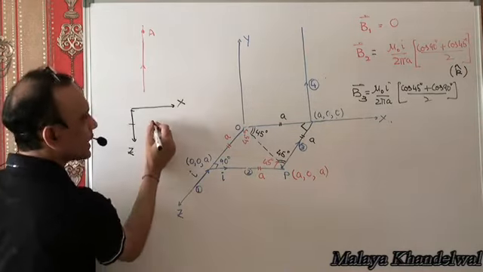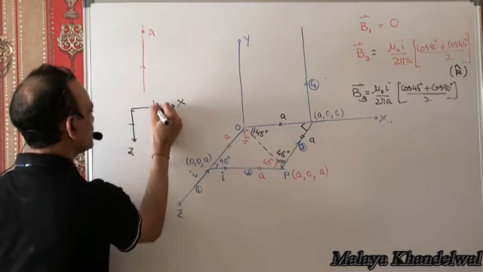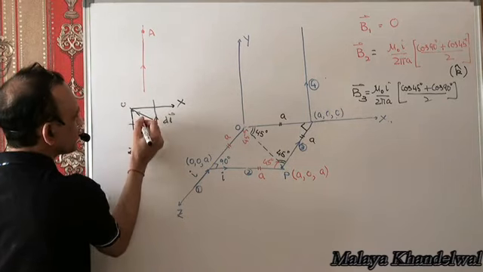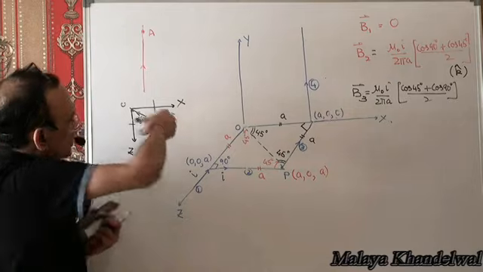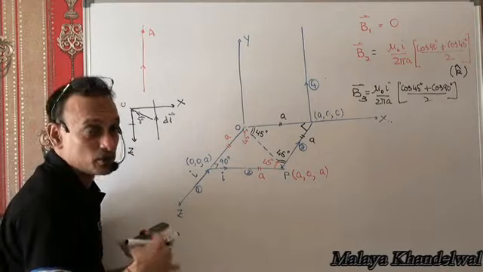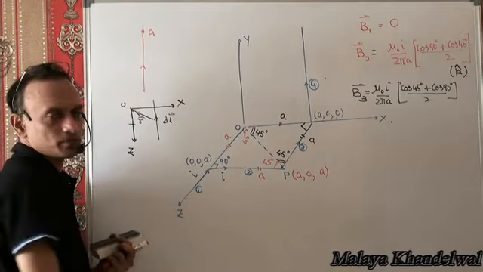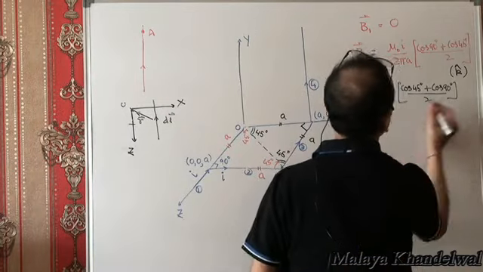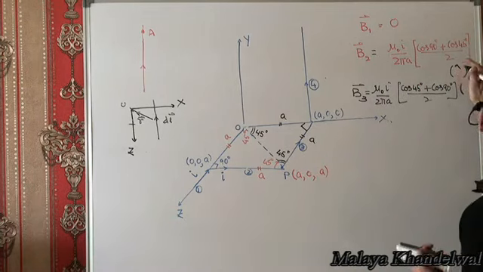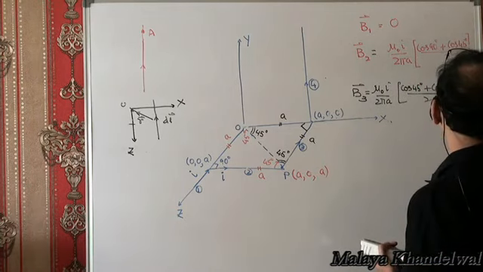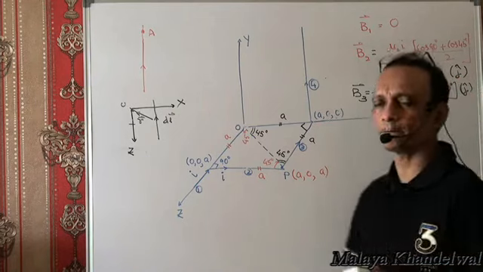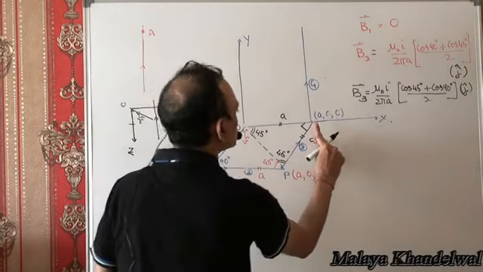This wire is parallel to the Z axis, so my dLs are like this, this is the origin. dL cross R comes out of the plane of the board, that means in the Y direction. See, dL cross R gives me the direction of the magnetic field. So J direction; actually, this should also have been J direction. All in the Y direction, this was also in the Y direction. So J cap. So that's B3.